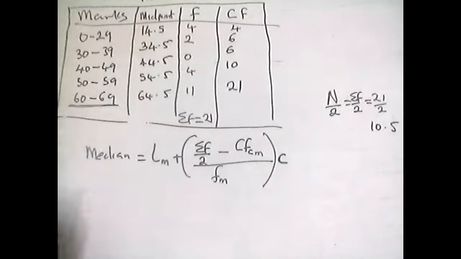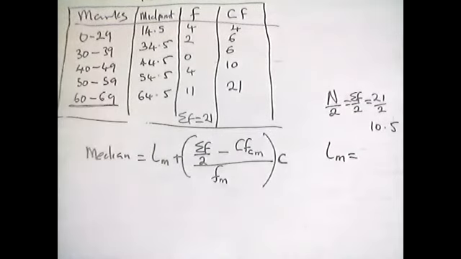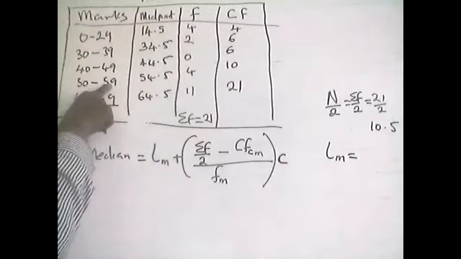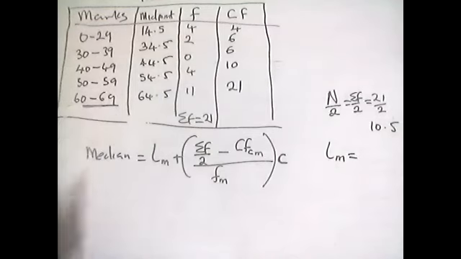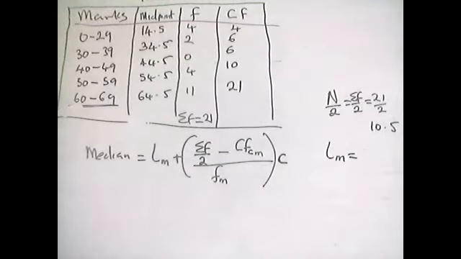Now, if this is our median class, to find LM, it is equal to the lower limit of the median class plus the upper limit of the class before the median class. You add the two and you divide by 2.